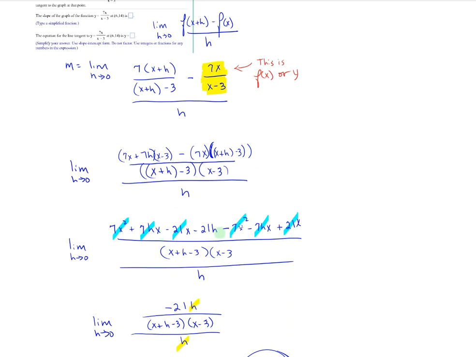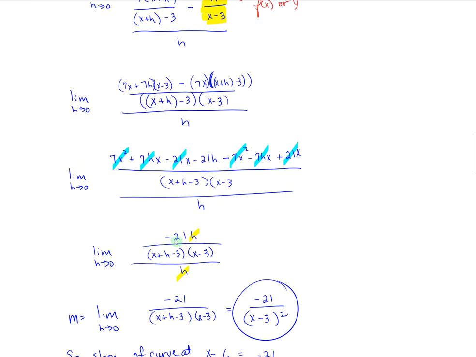So the 7x squareds cancel out, the hx cancel out, and the 21x cancel out, and we've got that over h. So now this is what we've cleaned up. Limit as h approaches 0 of negative 21h, that's all that was left, over that denominator, over h, as h goes to 0.